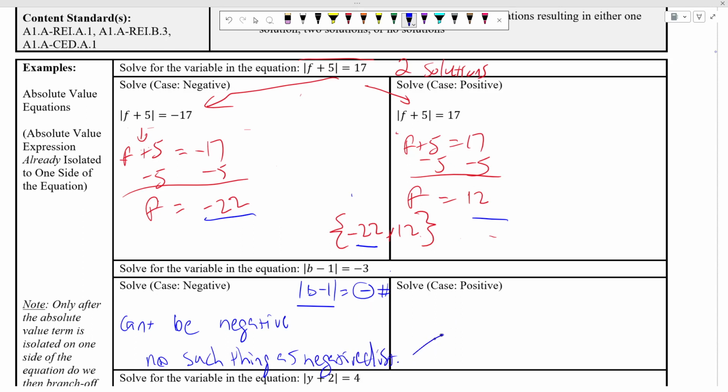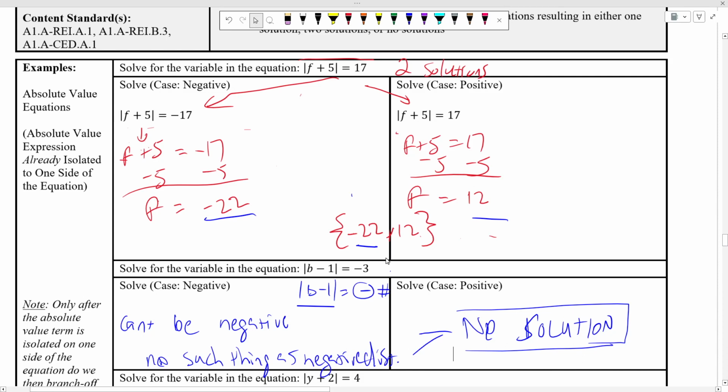Thus, there is no solution to the variable b which would make it true that this is going to equal some negative number. So there's no solution to this one. That's pretty nice and convenient. You see it, you recognize it right away, you save yourself a bunch of work. So when the absolute value equals a negative number, just think no solution.